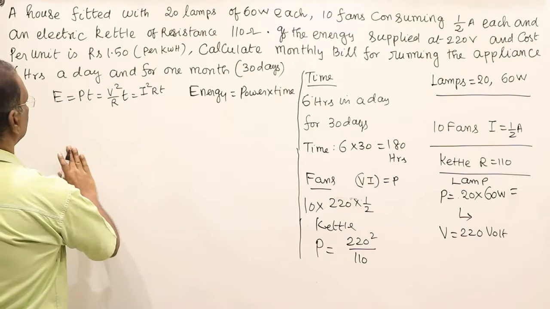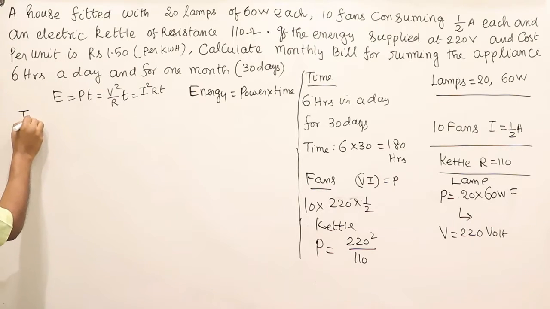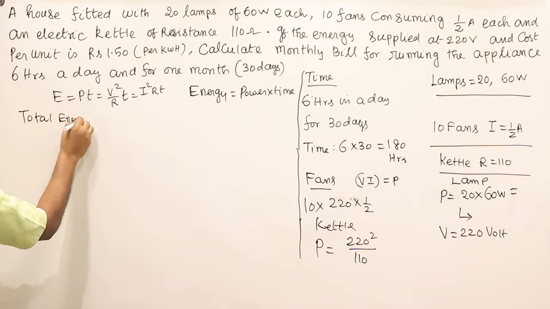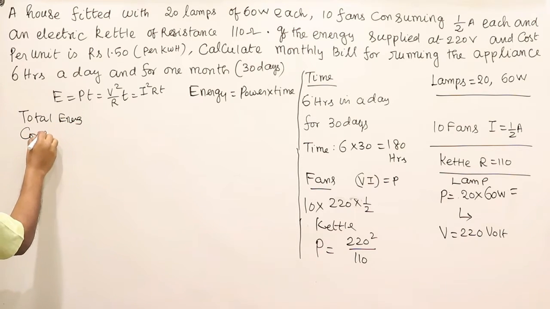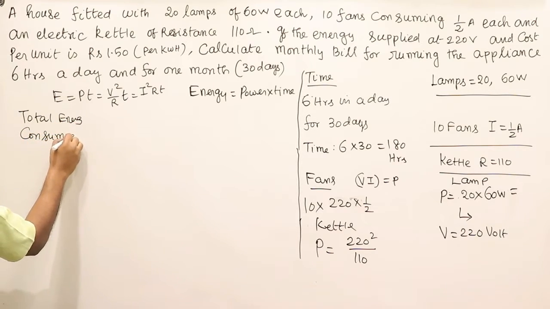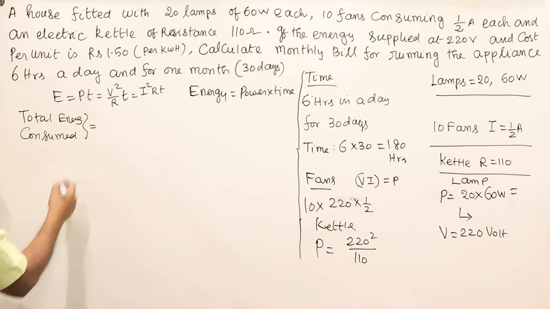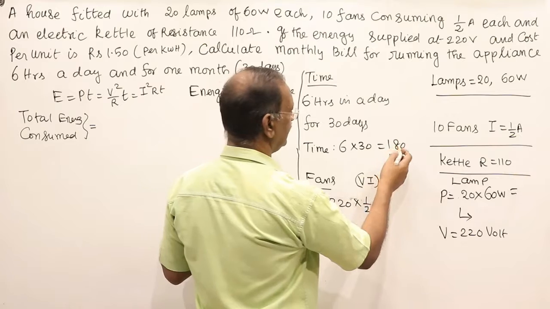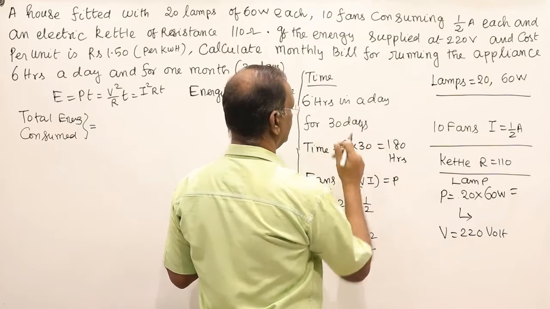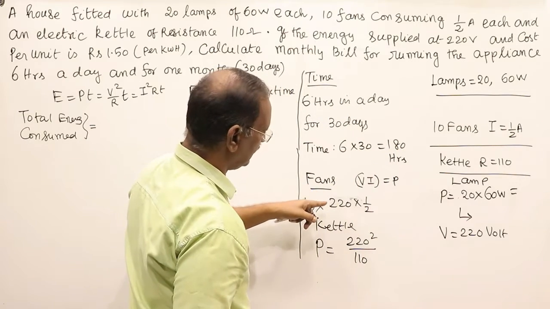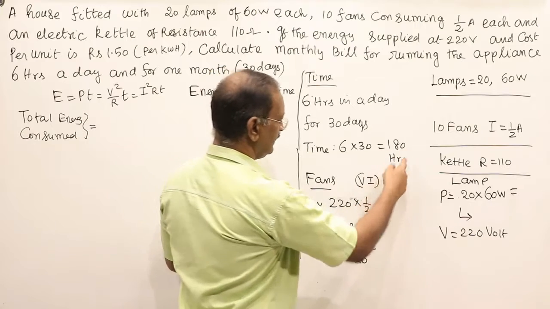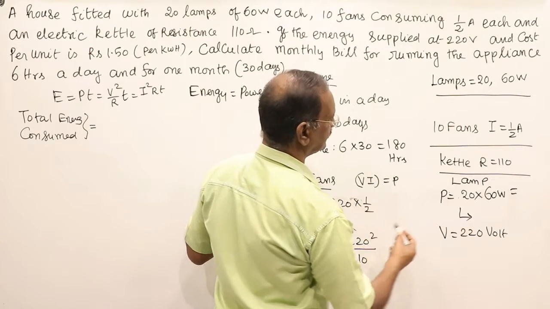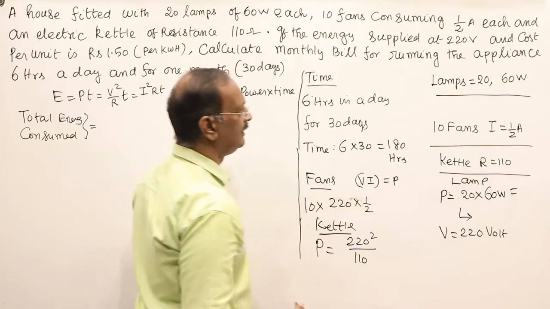Therefore, total energy consumed: the total timing is 180 hours, 6 hours a day for 30 days. The fan is running 180 hours, the kettle is running 180 hours, and the lamp also.